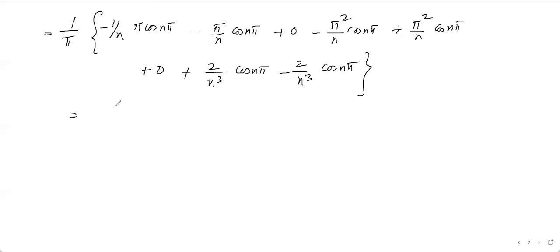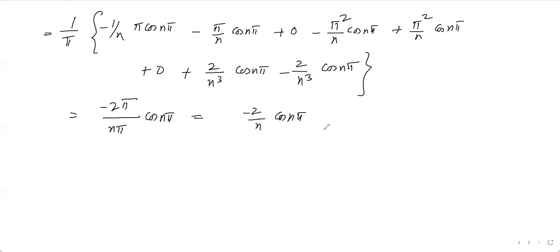So after simplifying it, we get minus 2 pi by n pi cos n pi, okay, which is equal to minus 2 by n cos n pi.